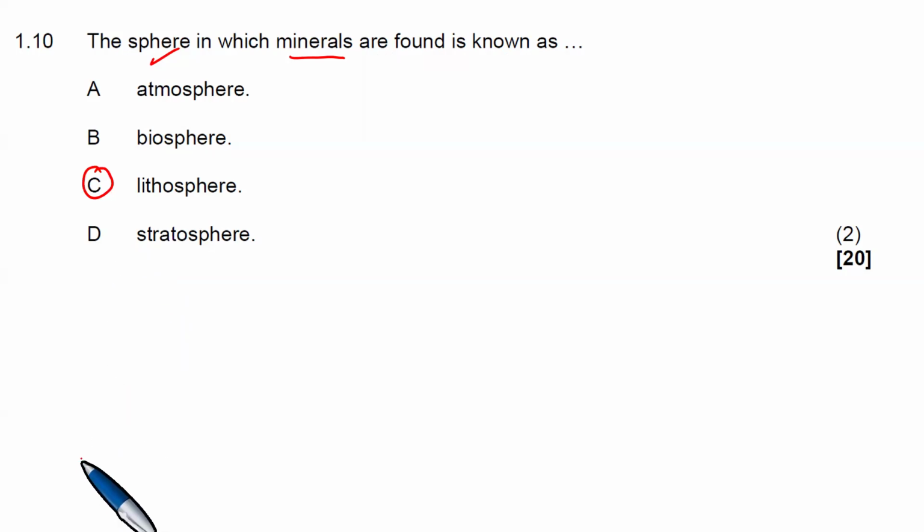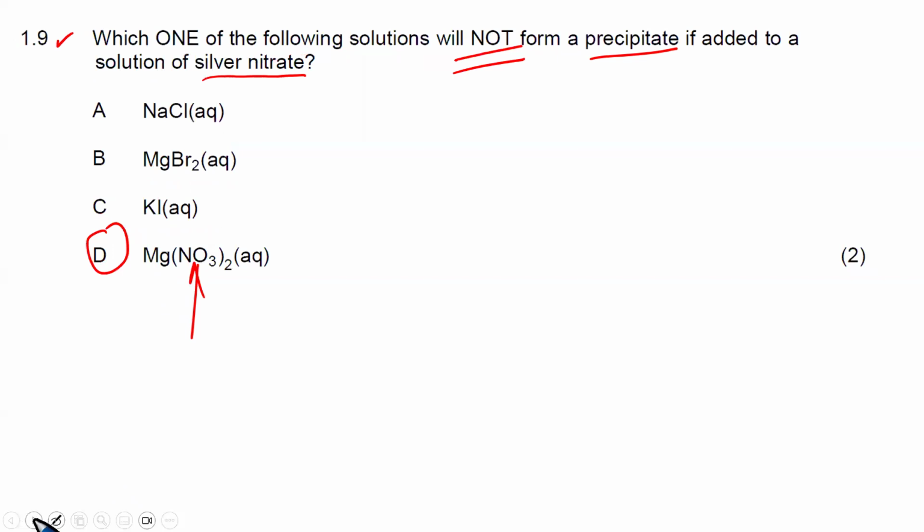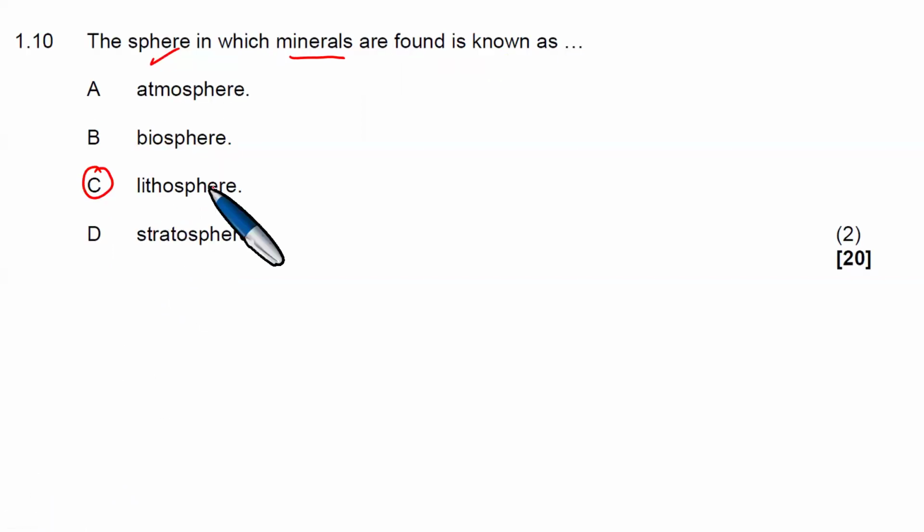So in the lithosphere, we find our minerals, like gold, platinum, silver, and the rest of it.